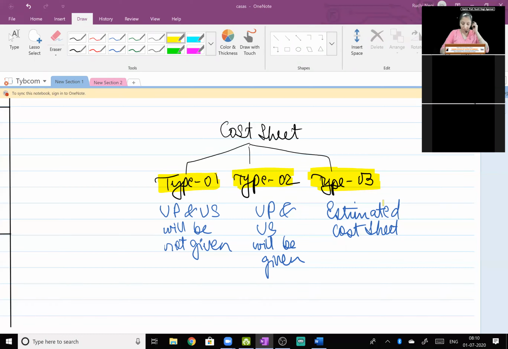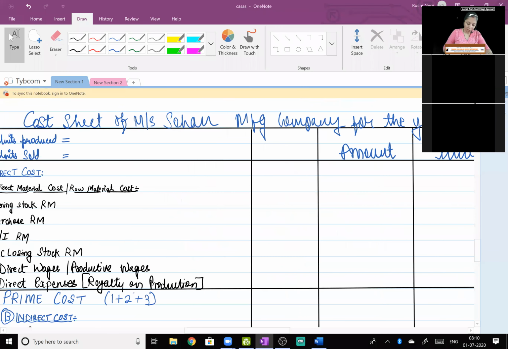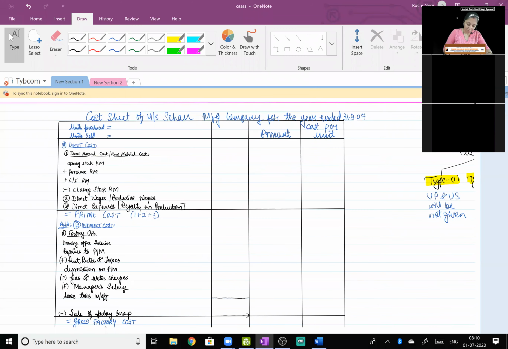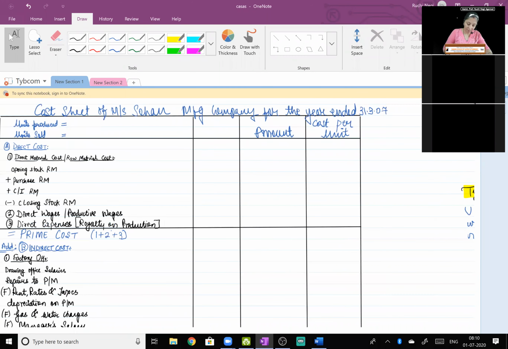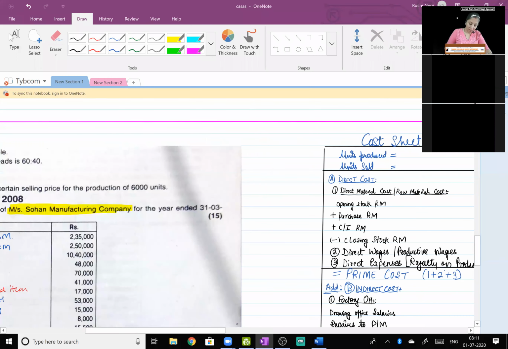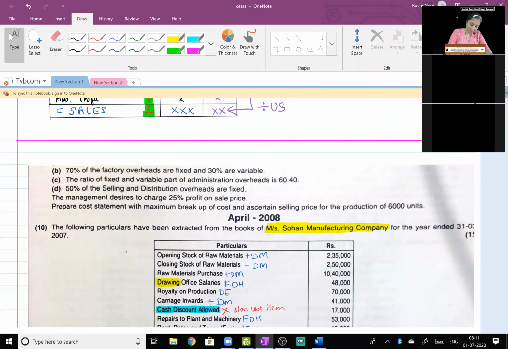Start. Make a cost sheet. Am I audible? Make a cost sheet. Give this heading. We are doing which one? We are doing type 1 cost sheet. I'll mark it here.